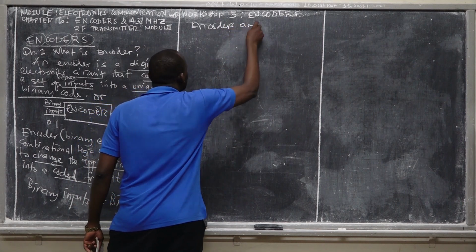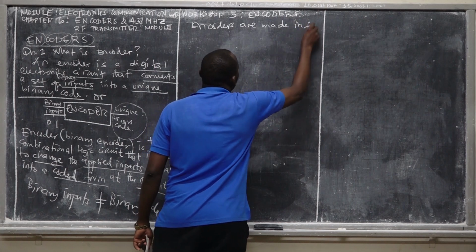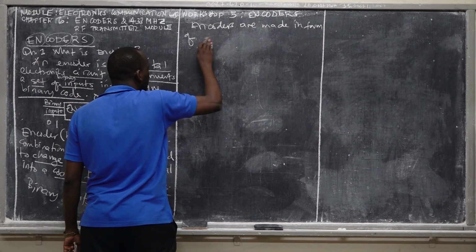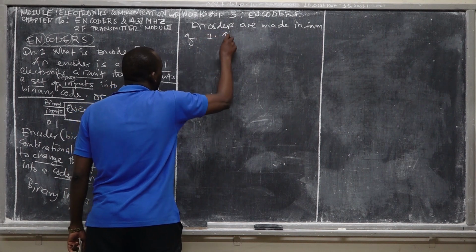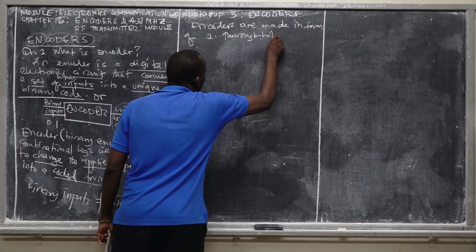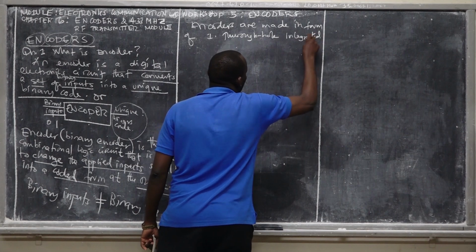So encoders are made in the form of through-hole integrated circuit. Keep quiet.